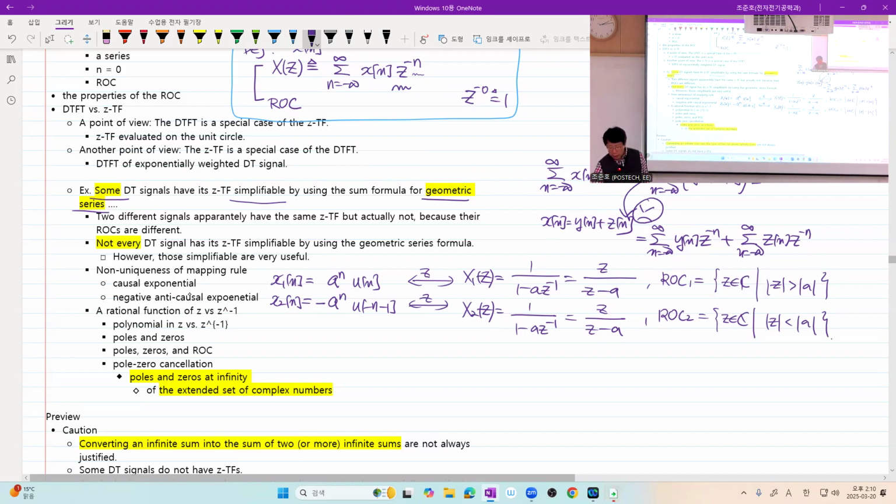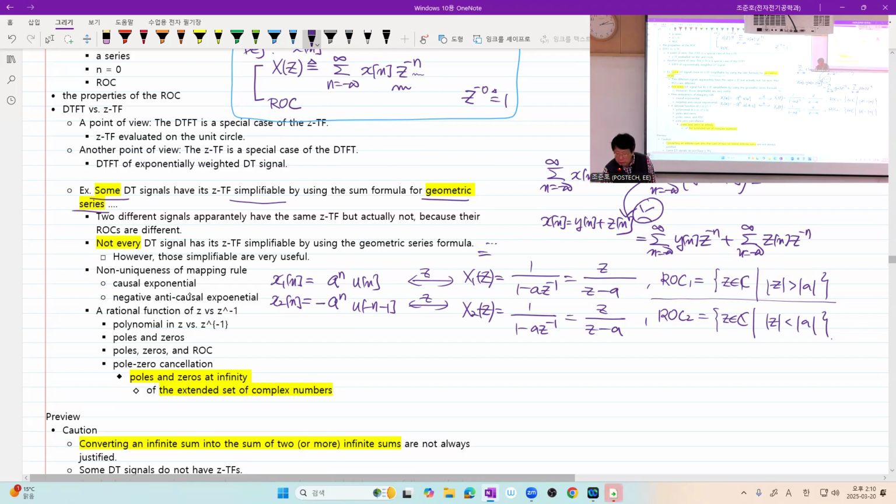By the way, here in this case, z is not, okay, so let's do it first. When you have some confusion, just write the infinite sum.